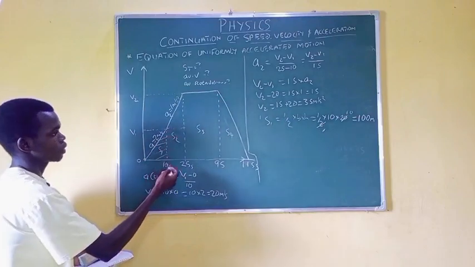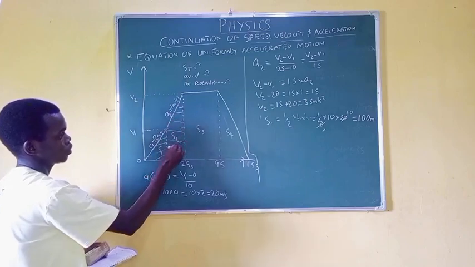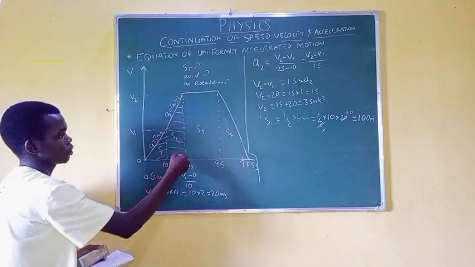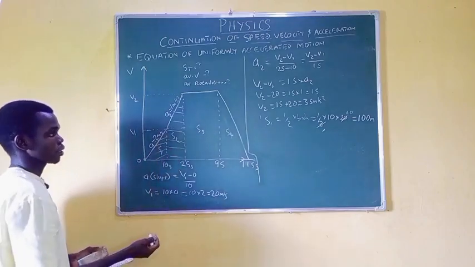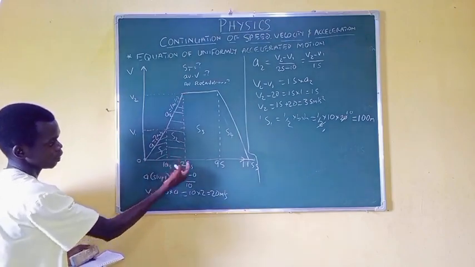If we consider the area under this graph, it is a trapezium, and the area of a trapezium is half the sum of the parallel sides times the height.